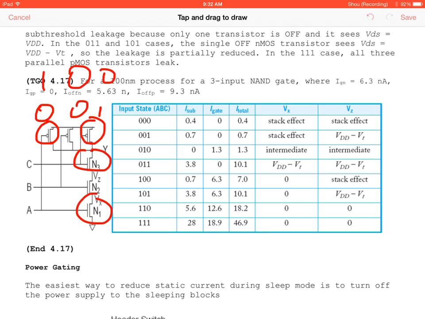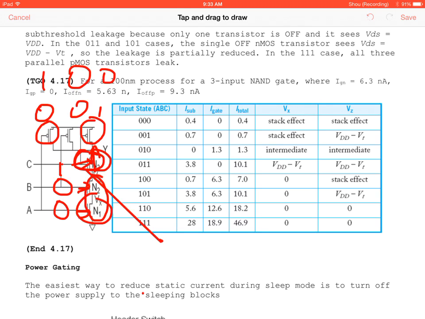So if we have 1 and 0, what happens is we know that if we have a 1 on this NMOS transistor here, it's now on, so we're passing some sort of current, and we also have subthreshold current on these 2 NMOS transistors below.